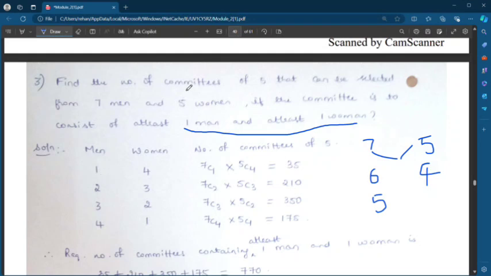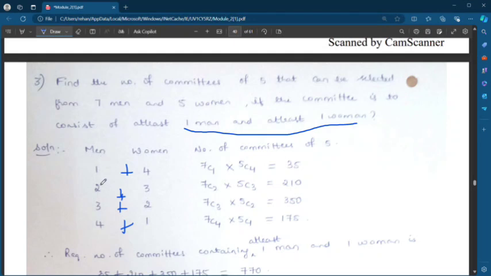Okay, now see here, 5 committees. In that, 1 man, 2 men, 3 men, 4 men. Okay, these are erased. I just tried to explain in general, which was not required. Now see here, total 5. I have to write in such a way that this plus this should be 5 itself, and there should be no zero value in both places.